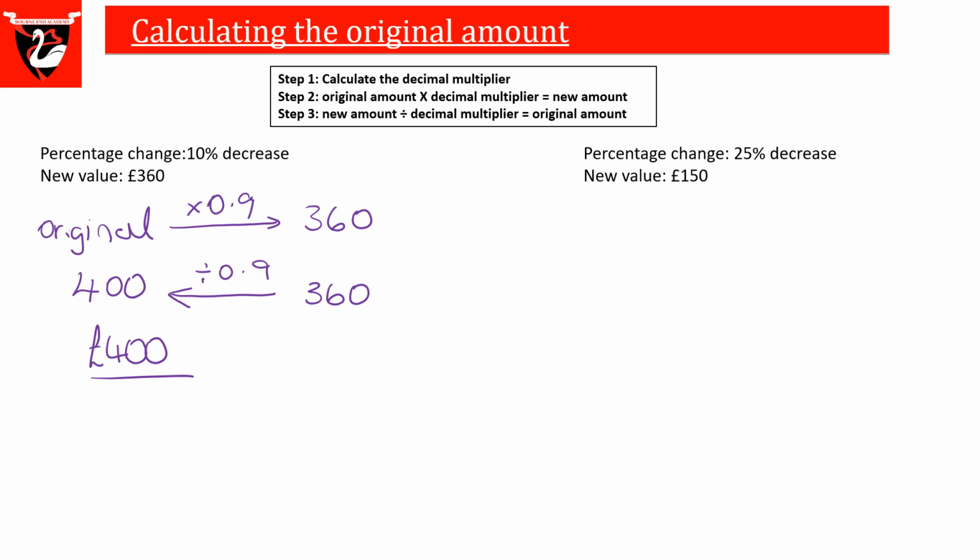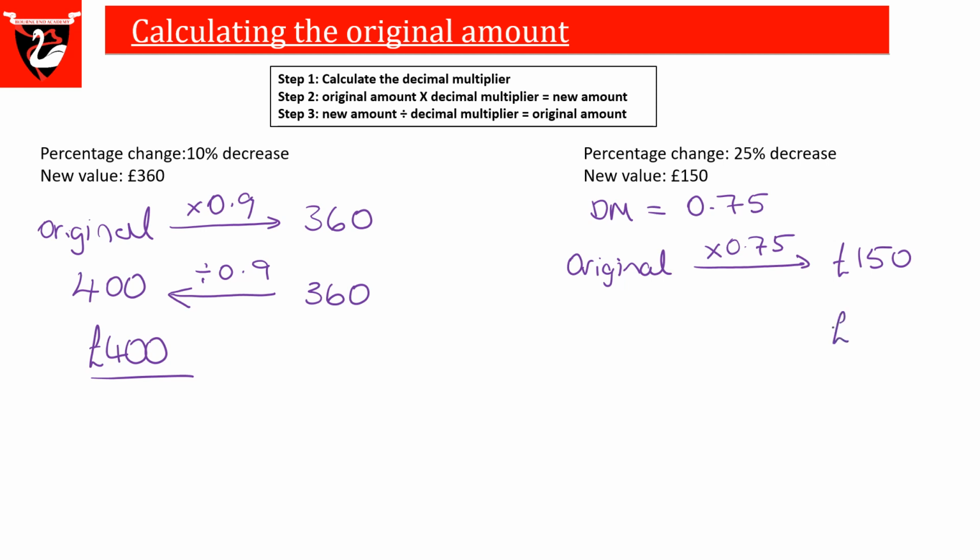Let's have a look at another example. In this one, we have a 25% decrease with a new value of 150. So we know that our decimal multiplier with a 25% decrease is going to be 0.75. So we start with our original, and we would multiply that by 0.75, giving us our new amount of £150.